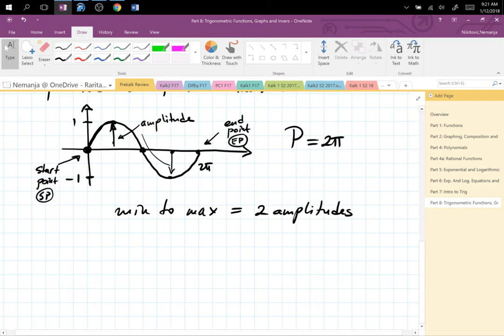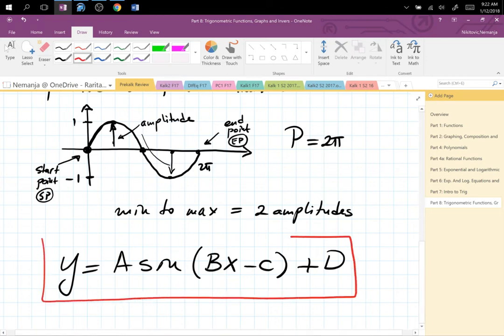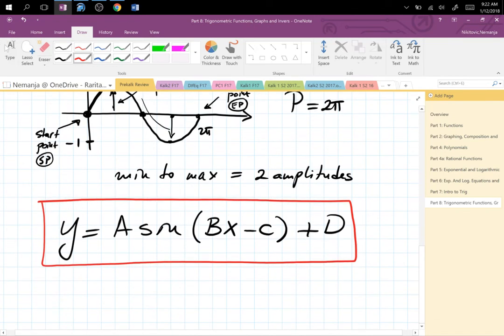And now that you have all of these things, we write the general formula, y equals a sine bx minus c plus d. And I will put this one in a box. And once you have this, here we go.